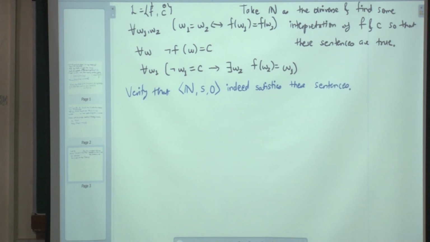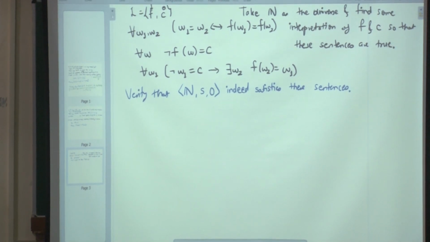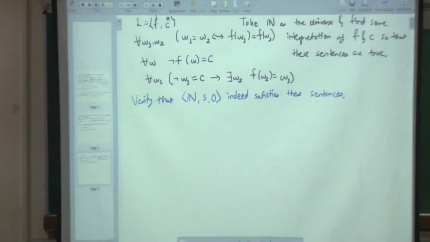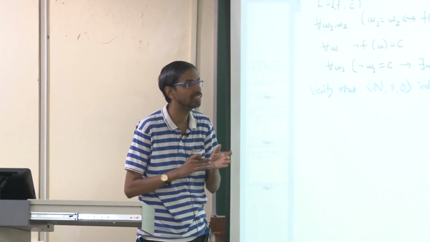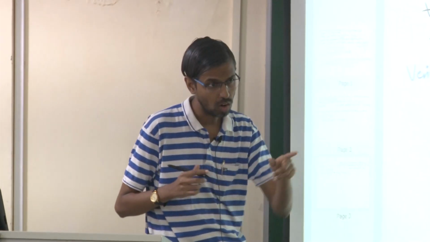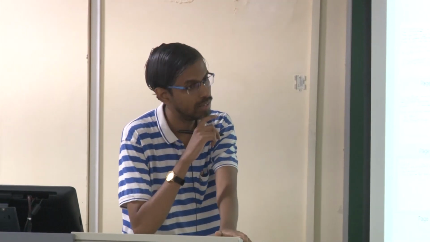Can you tell me one other structure where this could be true? Can you think of any other structure where all these three sentences are true? In ordinals, which ordinal? Yeah, this is an interesting discussion. Which ordinals?